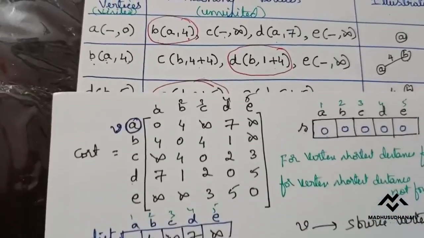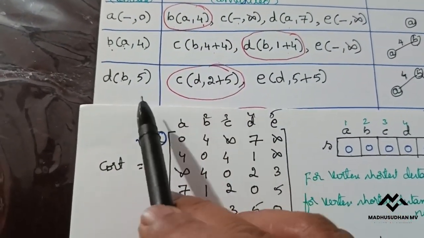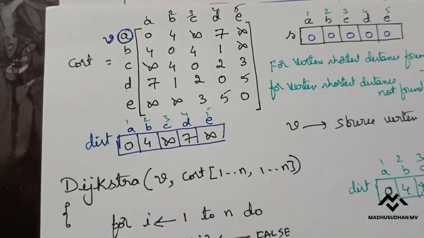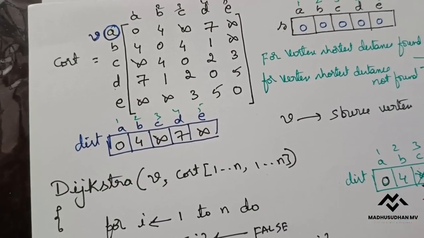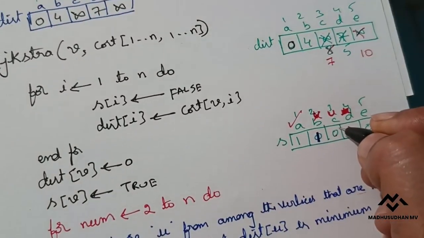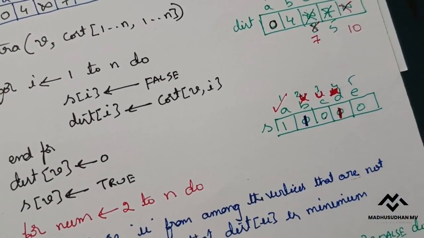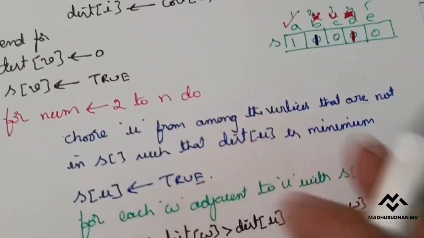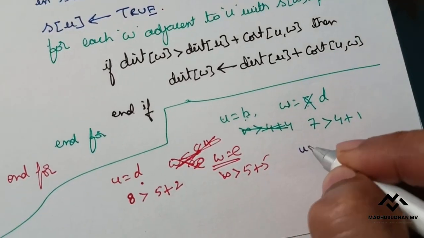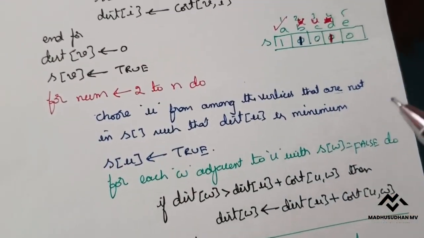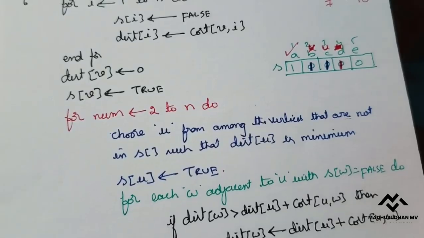C and D. Among C and D, which is minimum? 7, so I selected C. So my new U is C. Now S of U I made true.